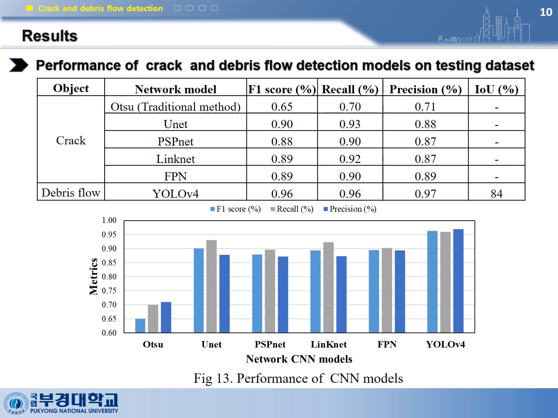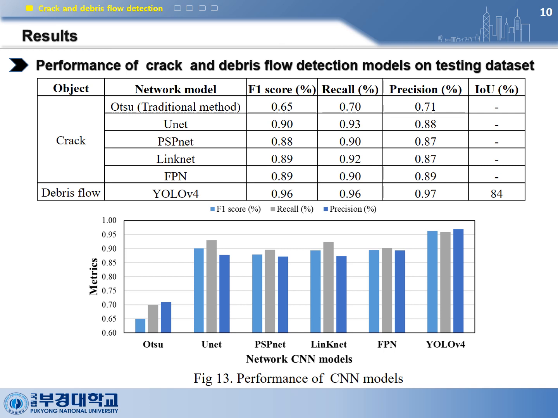Now I present several results of the detection system in this table and this figure: the performance of the crack and flow detection models on testing datasets using different CNN models, UNet, FPN, LinkNet, and YOLO version 4.